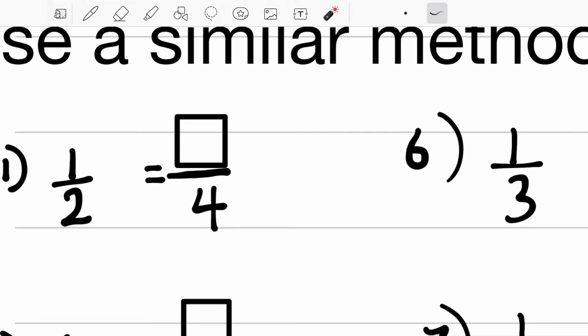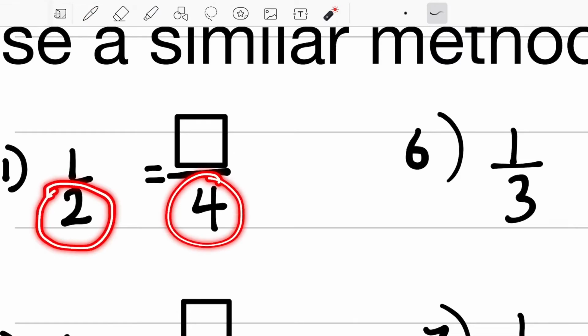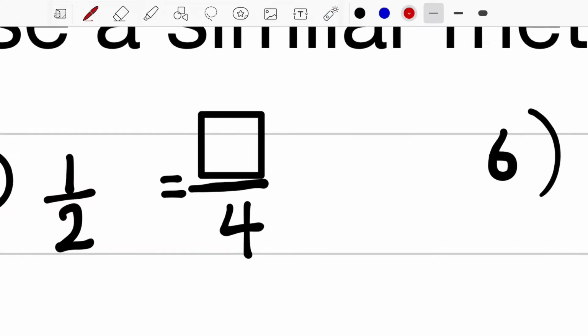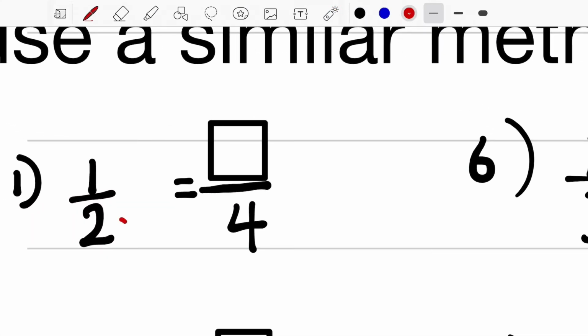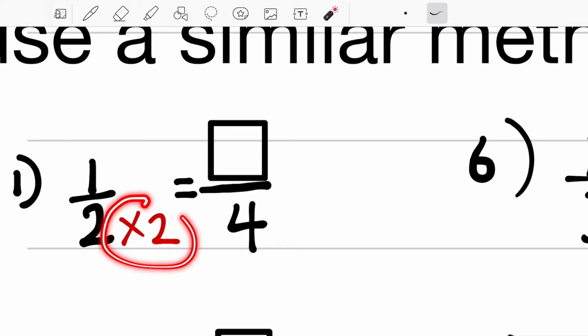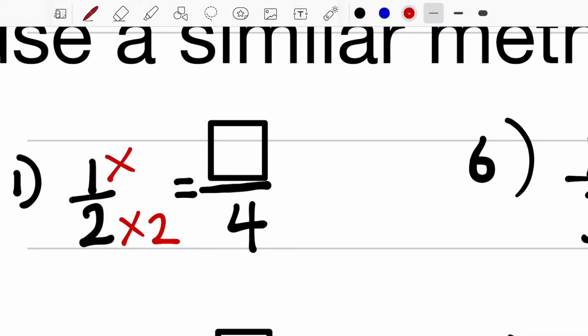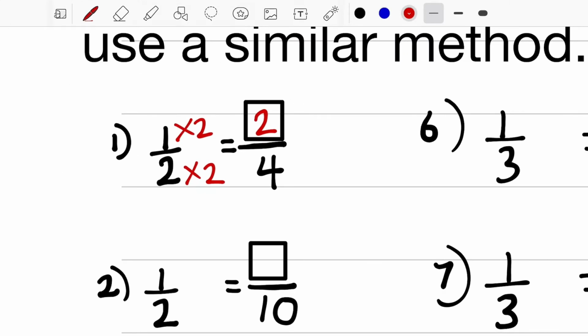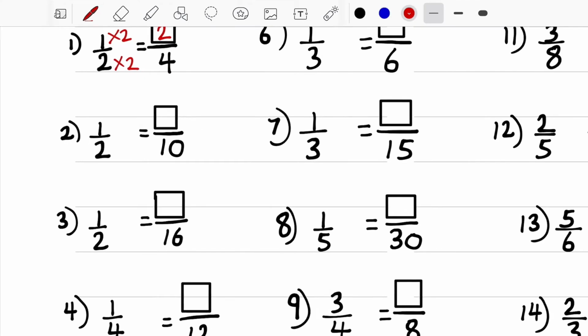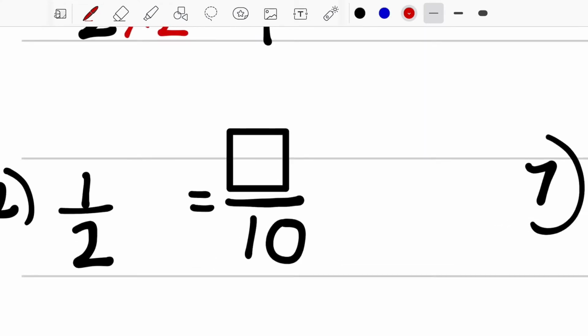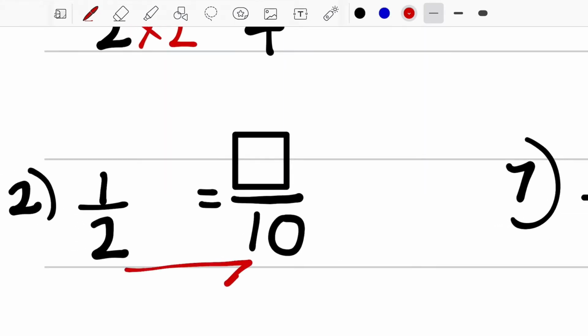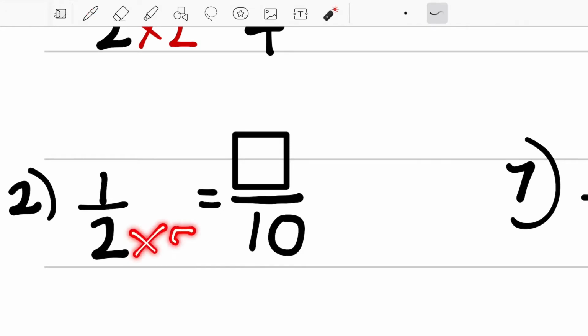So we are going from a small number to a larger number. So we must multiply. 2 times what will give you 4? 2 times 2. So we must do the same to the numerator. We must multiply by 2. 1 times 2 is 2. Next, 2 multiplied by what will give you 10? 2 times 5.